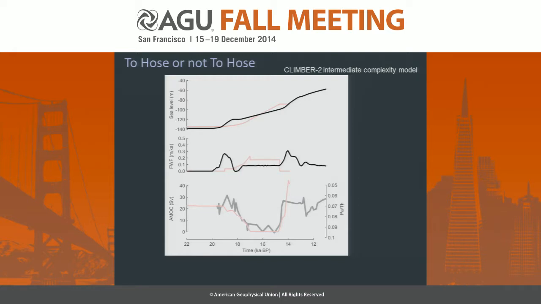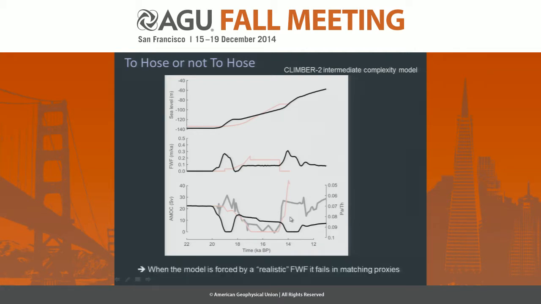If we take the derivative of that curve, we already see this first peak, which is the beginning of the deglaciation, and most importantly, this second peak, which is meltwater pulse 1A, which is concomitant with the Bølling-Allerød. And now, if we force the simple Climber 2 model with that, what happens is this. It's a first collapse of the AMOC at the beginning of the deglaciation, a modest reactivation, and then a further collapse of the AMOC during the Bølling-Allerød.